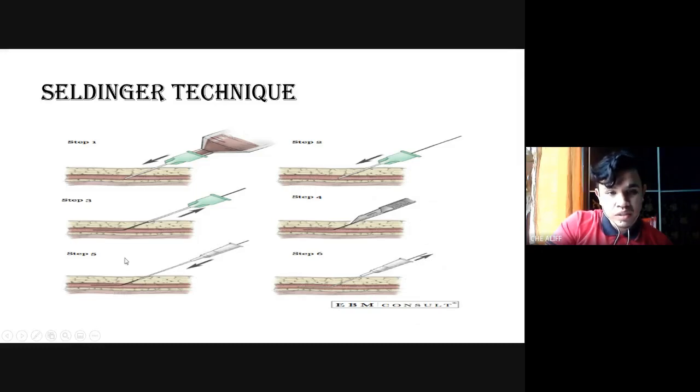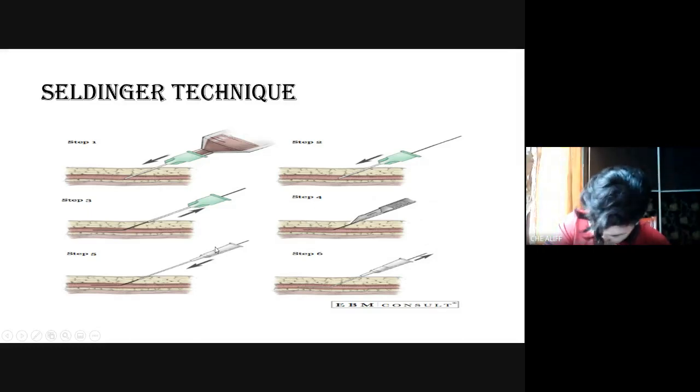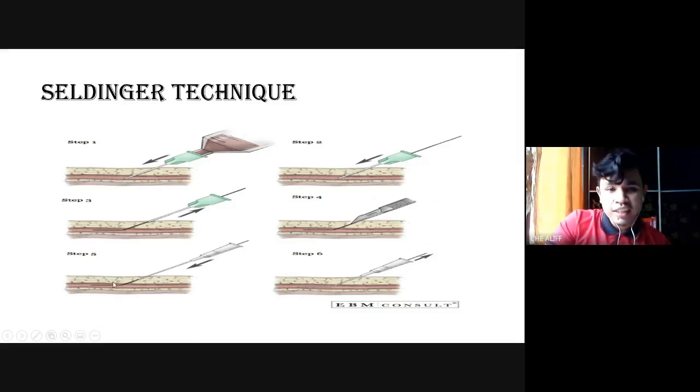At this moment, the guide wire is still in the vein, and after we insert the central catheter, we slowly remove the guide wire.